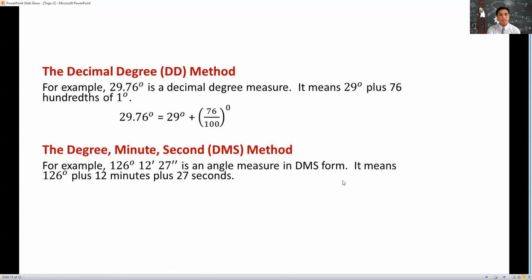One example is 126 degrees, 12 minutes, and 27 seconds. So this is an angle measured in DMS form. And it means 126 degrees plus 12 minutes plus 27 seconds. And remember, 1 degree is 60 minutes and 1 minute is 60 seconds. Just like 1 hour is 60 minutes and 1 minute is 60 seconds. It means 1 degree is 3,600 seconds.